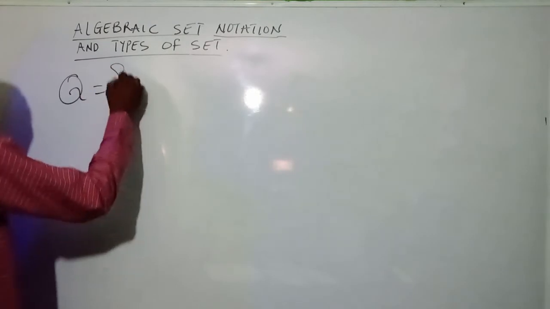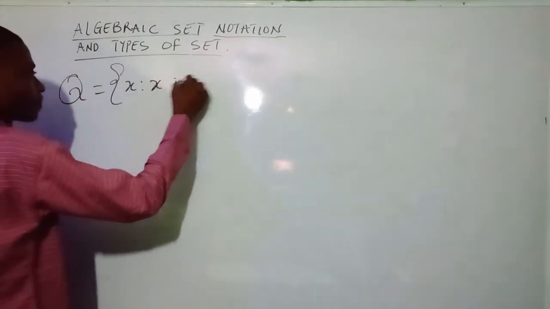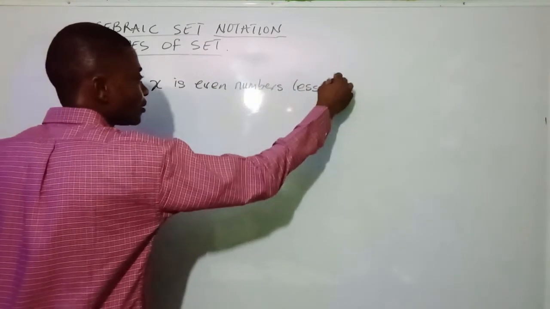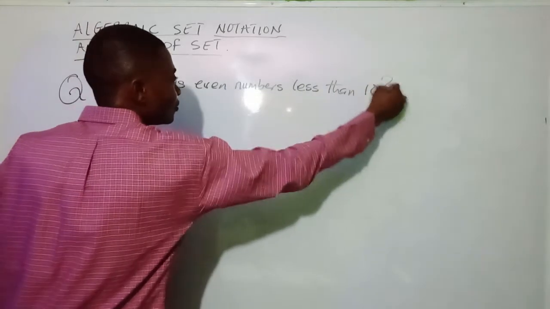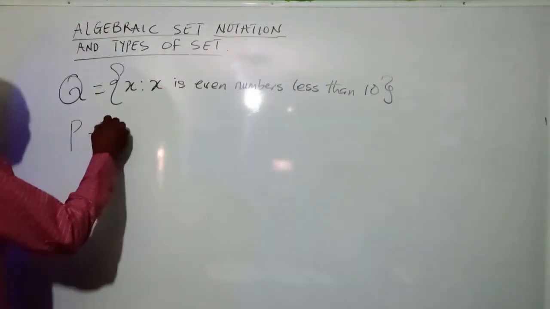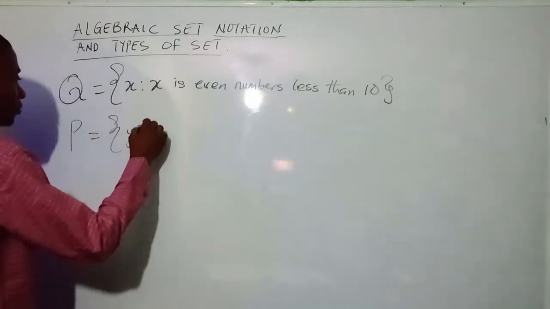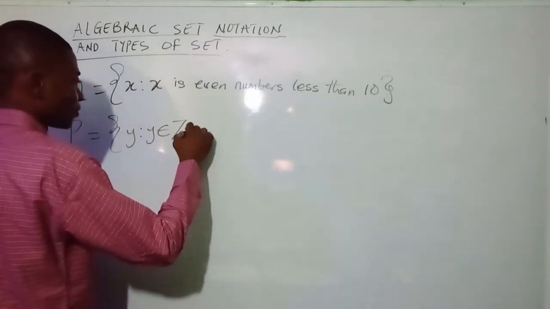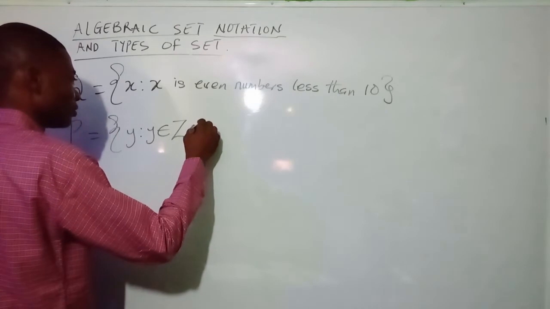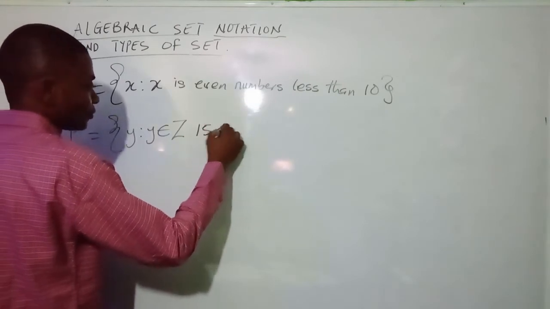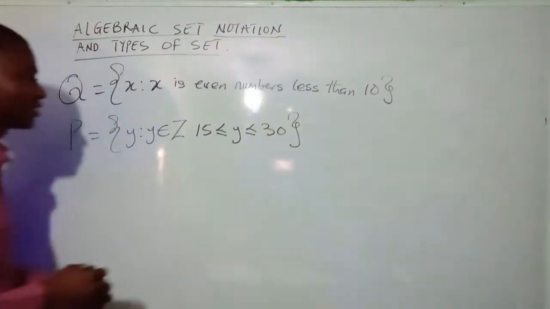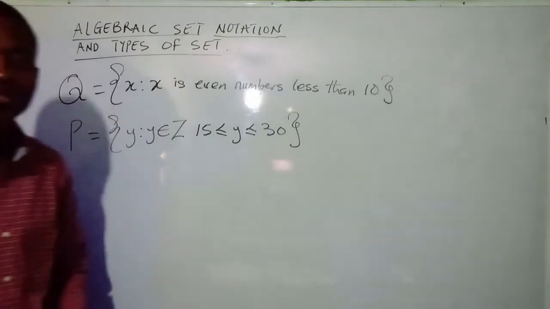For example, you see something like this: Q equals the set of x such that x is an even number less than 10, or P equals the set of y such that y is an element of the integers, 15 less than or equal to y less than or equal to 30. Yes, these are two good examples of algebraic set notation.